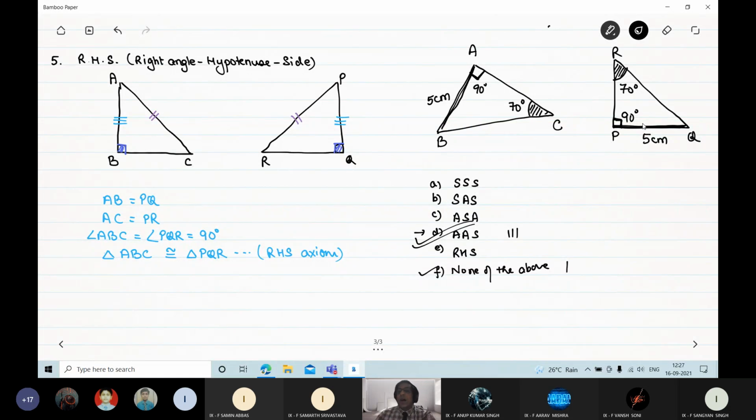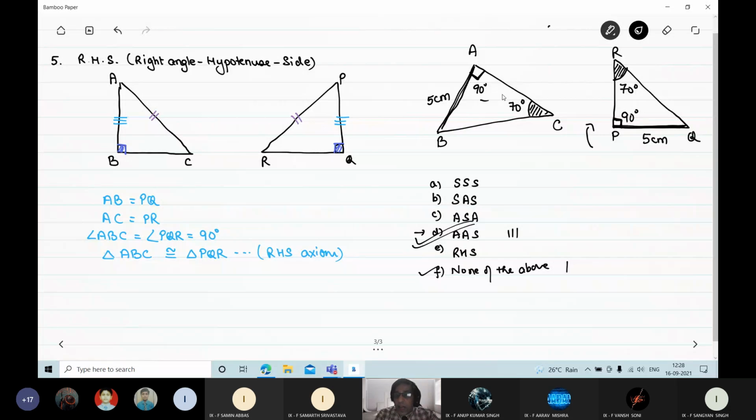Okay, it's just a matter of how I have drawn it. If you turn it around, this Q will coincide with B, P will coincide with A, and R will coincide with C, and the two triangles will superimpose on each other. So these two triangles are congruent by the angle side axiom.